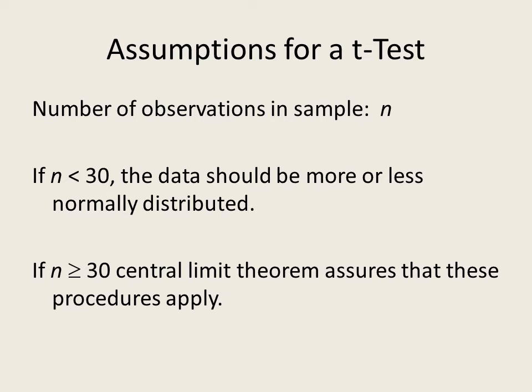So if we have a large number of observations, then we know we can use a t-test. If you have a relatively small number of observations, less than 30, then you've got to be sure that you have a more or less normally distributed data set.